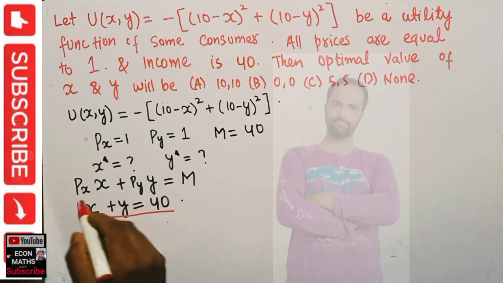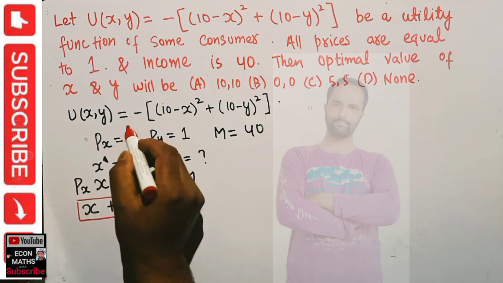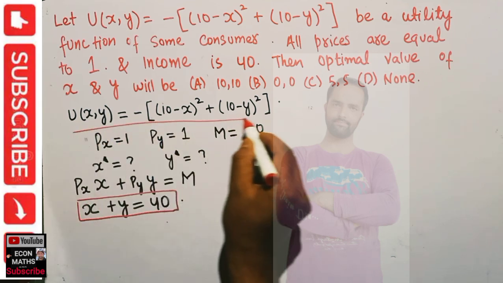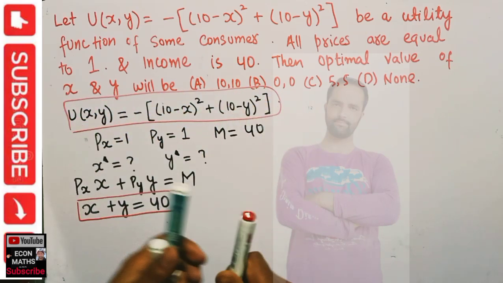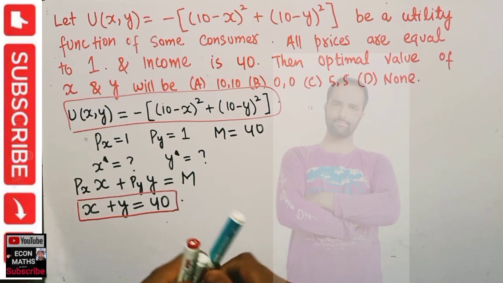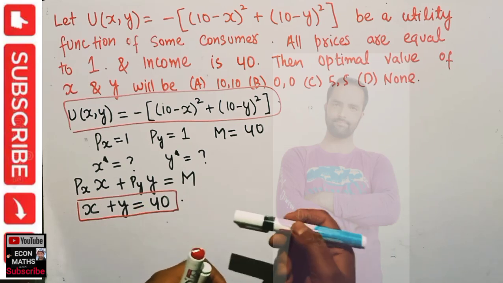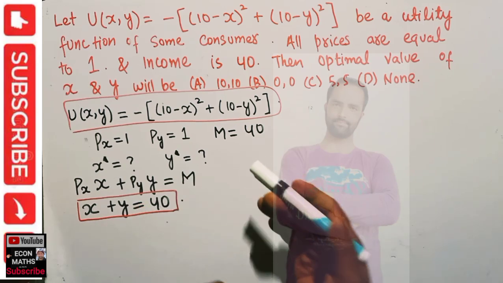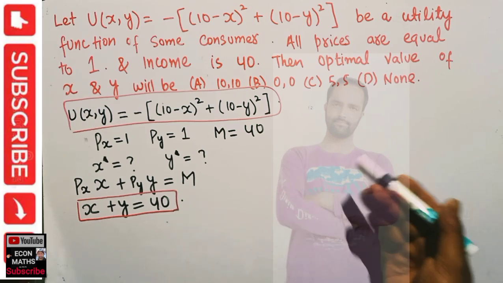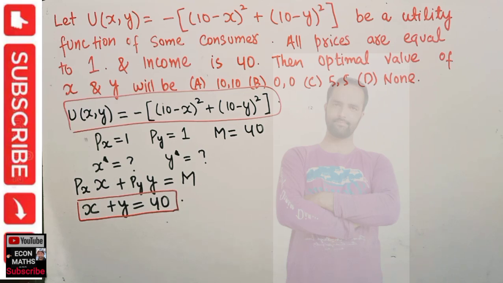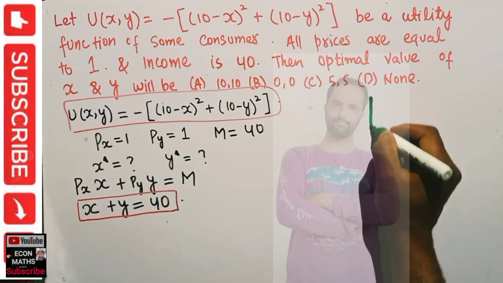Let us box this out and also this. Now consumer will consume in such a way that the slope of the budget line should be tangent to the indifference curve. We have solved a lot of questions on this.